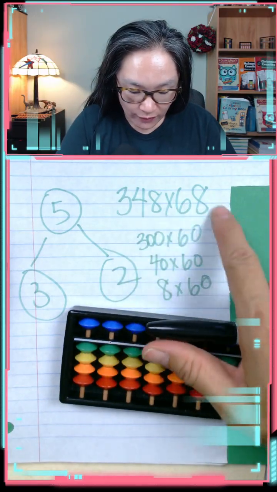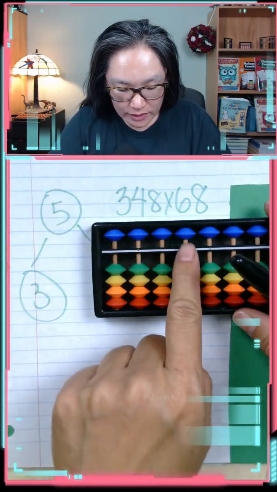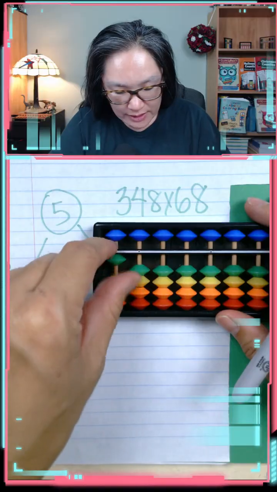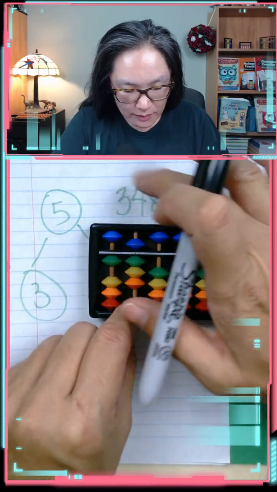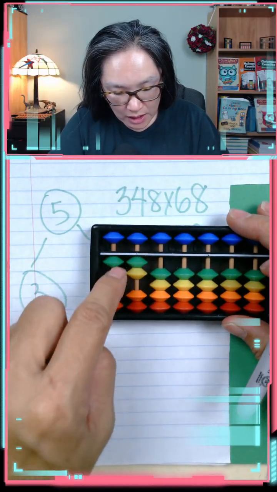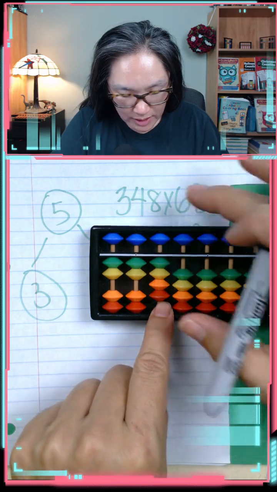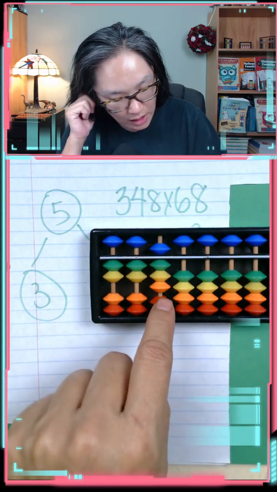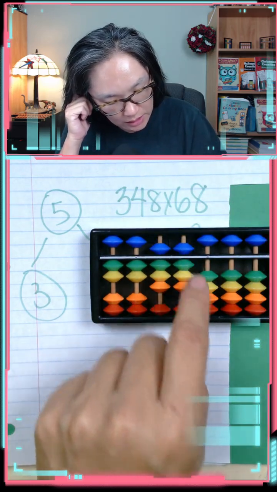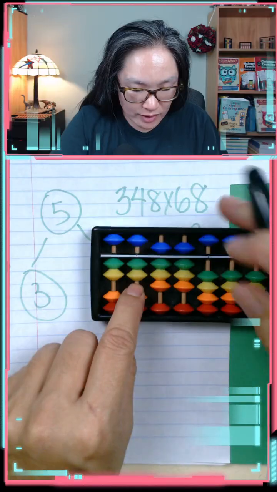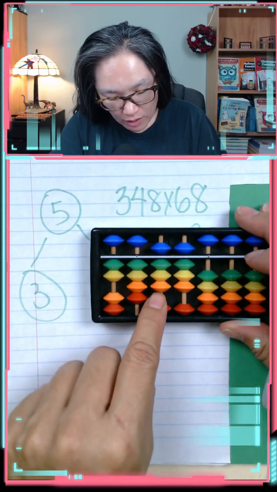1, 2, 3, 4, 5. Right? 6 times 3 is 18. 6 times 4 is 24. 6 times 8 is 48. And we do it again. 1, 2, 3, 4. 8 times 3 is 24.